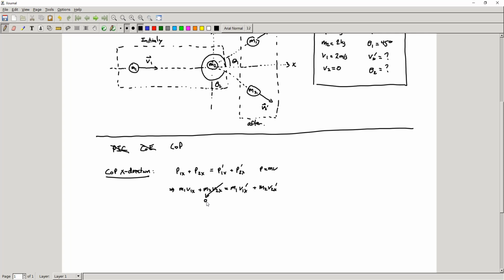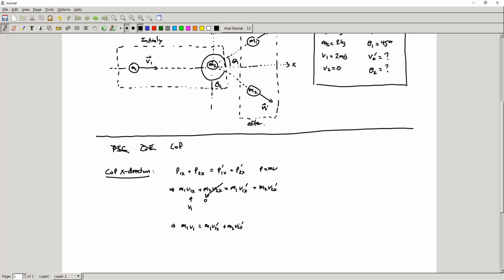Mass 1 is only moving in the x direction originally, so this v1x is really just v1. Maybe I'll rewrite, making those simplifications first. So we have m1 v1 is now equal to m1 v1x prime plus m2 v2x prime, right?